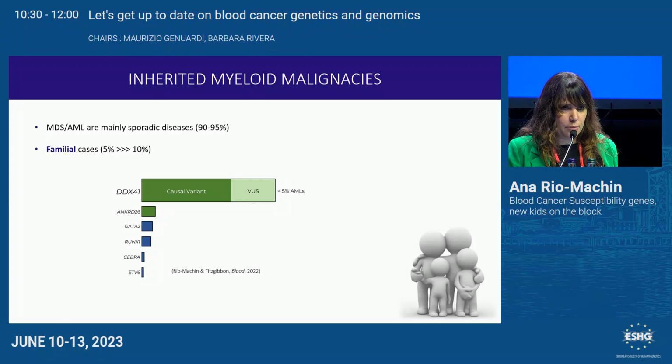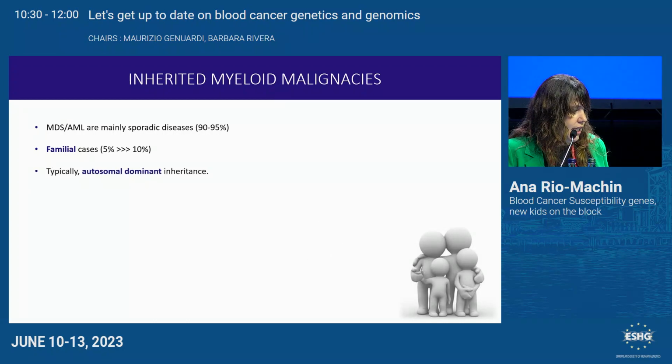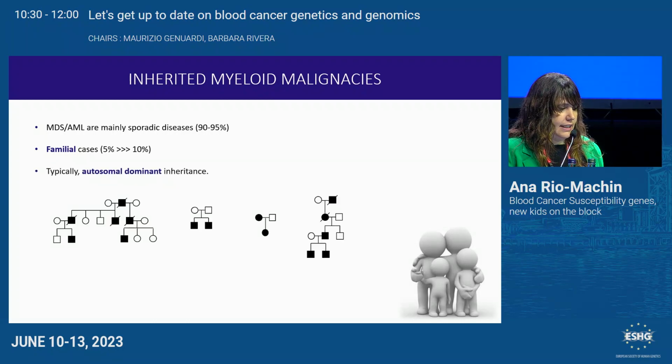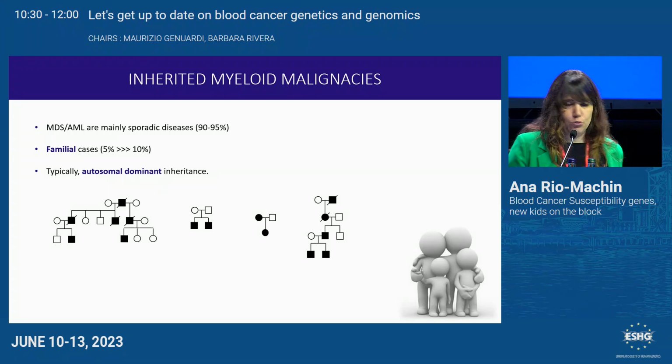It's probably closer to 10% since the discovery of DDX41 as a new predisposing gene, as germline variants in this gene are present in around 5% of all AMLs. So it's clearly the most recurrently mutated gene in familial MDS/AML. The pattern of inheritance in myeloid malignancies is generally autosomal dominant.